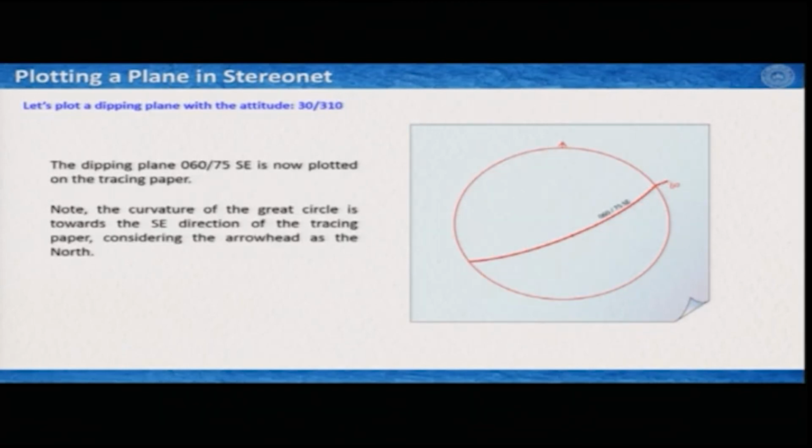So, if you take it off from the stereo net, it would look like this. You just write the value here, what is the data of this plot, and you are done by plotting a plane on a stereo net.